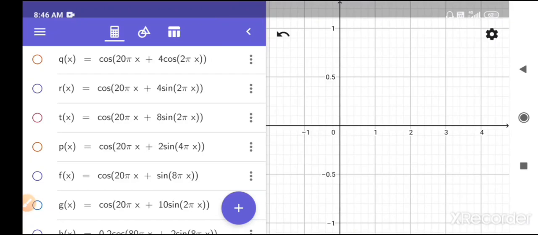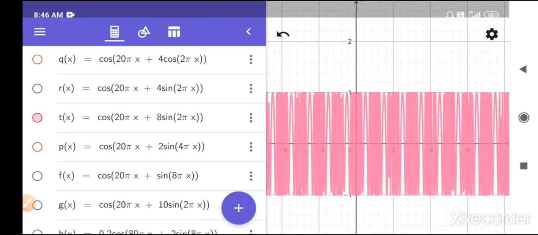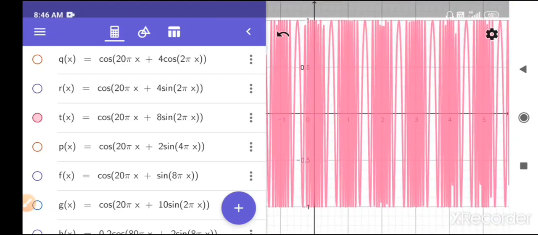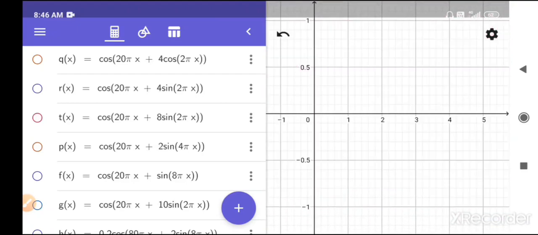So from this we can come to a conclusion: the FM and PM waves are quite similar, but the place where the high frequency and the low frequency occur is different. By increasing the beta value we can see some change in the low frequency range, but the high frequency range is similar.